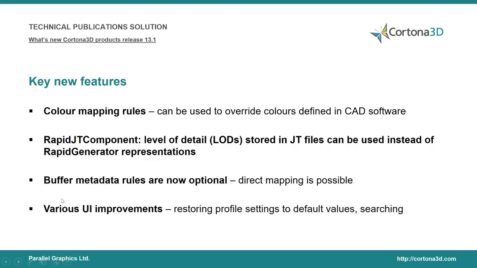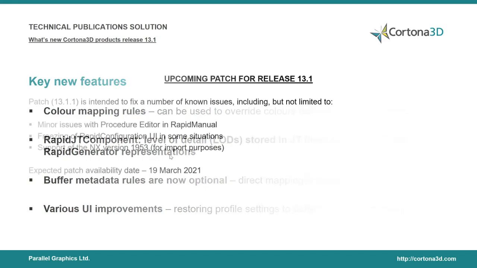And you will also find various user interface improvements, such as the ability to restore various import profile settings back to default values according to what is defined as standard profiles, and a simple search mechanism to search for specific items in the item tree within Rapid Configuration. I mean within the CAD file that you're working on.